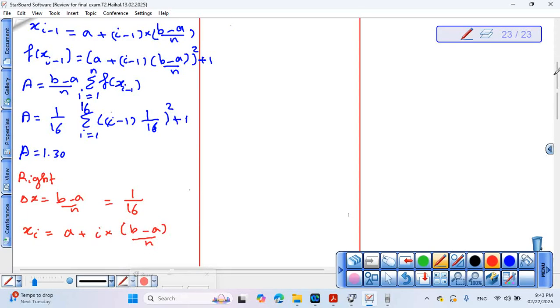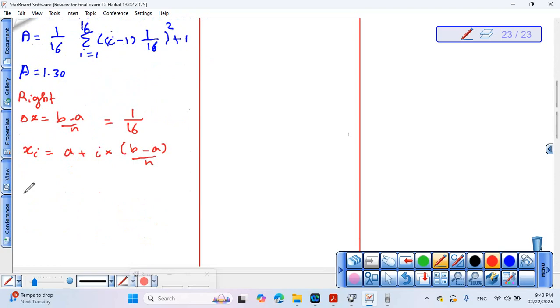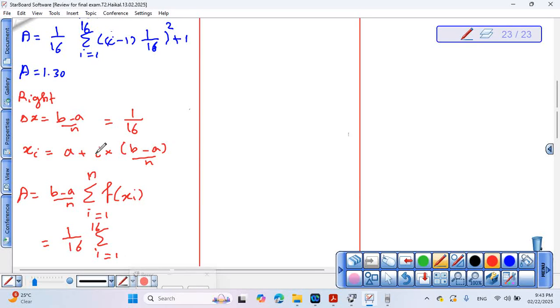Then just substitute in the general formula: area equals b minus a over n summation from i equals 1 to n of f of x sub i. Just substitute. This equals 1 over 16 summation from i equals 1 to 16 of f of x sub i, where a is 0, so x sub i equals 1 over 16i.